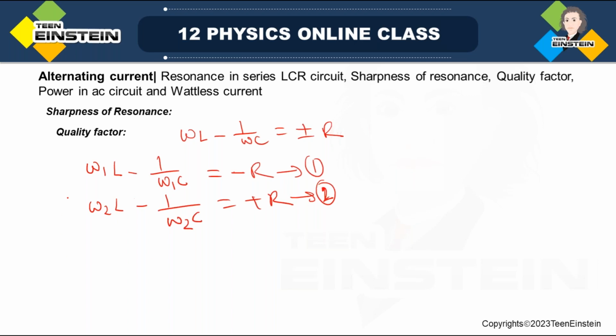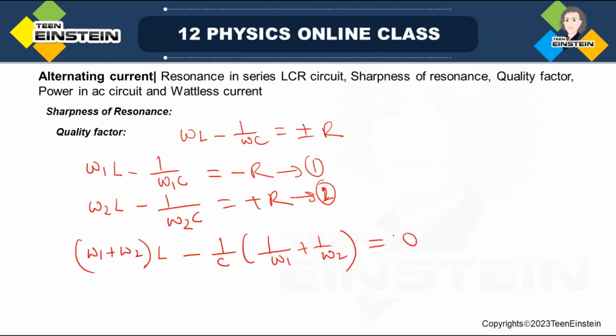If I add them up, first let us add them. So what we get: omega 1 plus omega 2 into L minus, I have taken 1 over C common, 1 over omega 1 plus 1 over omega 2, is equal to 0 on the right hand side.